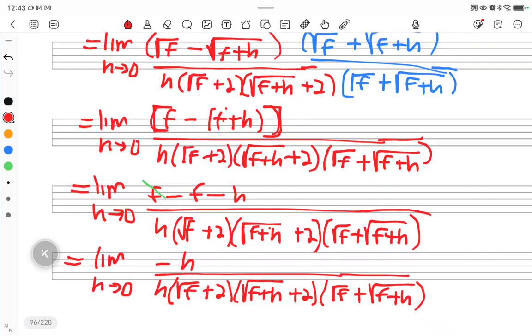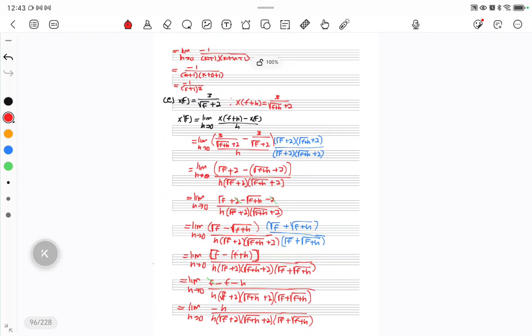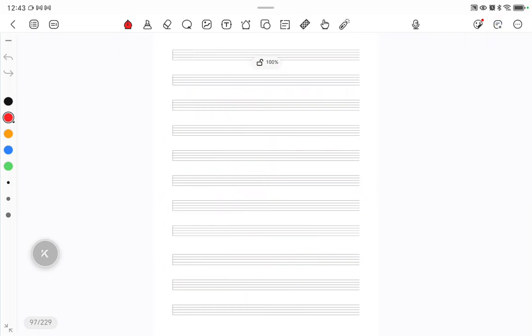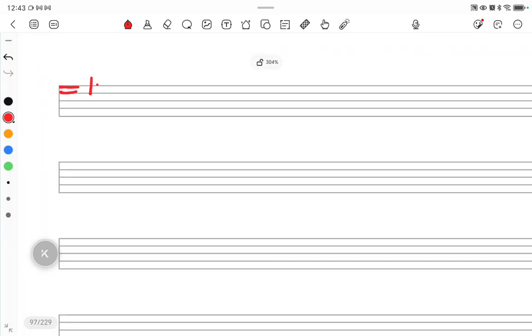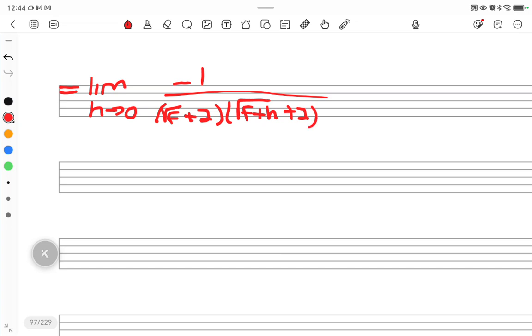Right, and from here we see that h would cancel out. So we would have the limit as h approaches 0 of minus 1 over root of f plus 2 root of f plus h plus 2 and also root of f plus root of f plus h. You see, right?